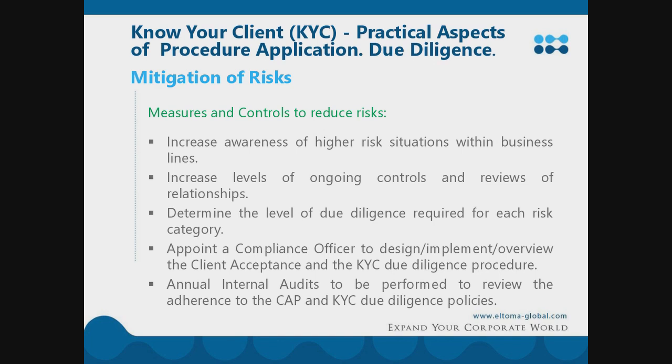Also, appoint a compliance officer to design and oversee the client acceptance policy and provide KYC and due diligence procedures, as well as annual internal audits that will help you to understand if your client acceptance policy, due diligence, and KYC are working properly.